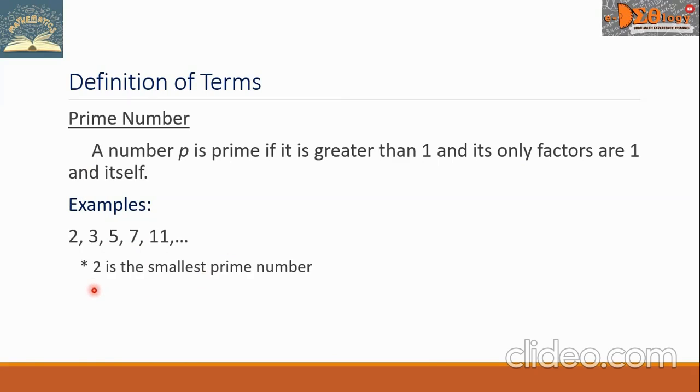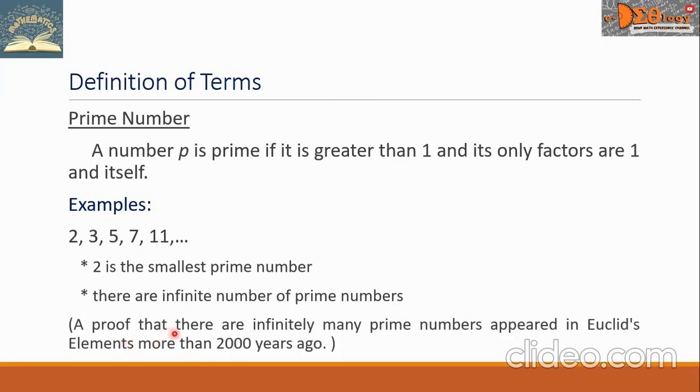We can see here that the number 2 is the smallest prime number. Also, there are infinite number of prime numbers. A proof that there are infinitely many prime numbers appeared in Euclid's Elements more than 2,000 years ago.